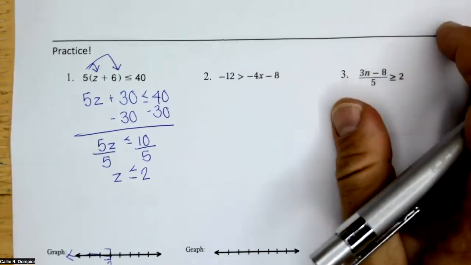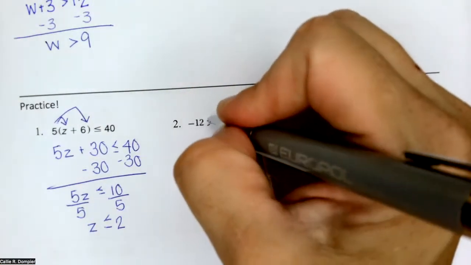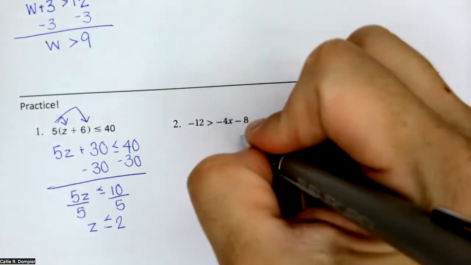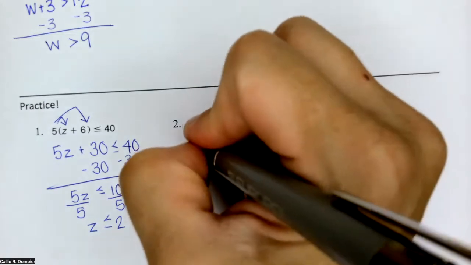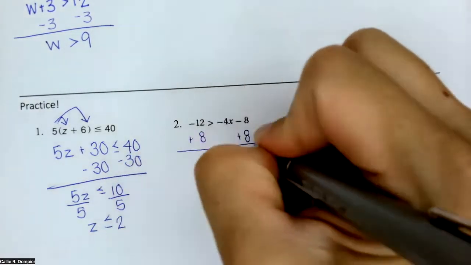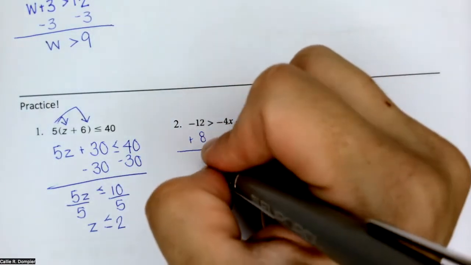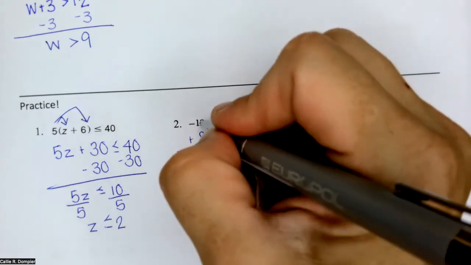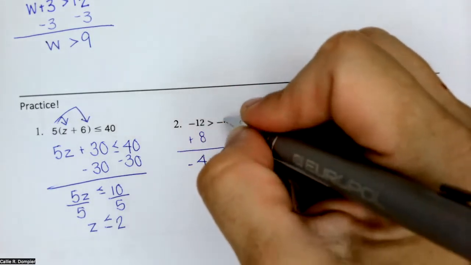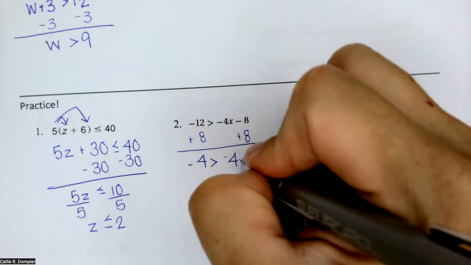Good. All right, -12 is greater than -4x minus 8. I'm going to add 8 to both sides. -12 plus 8 is -4, so -4 is greater than -4x.